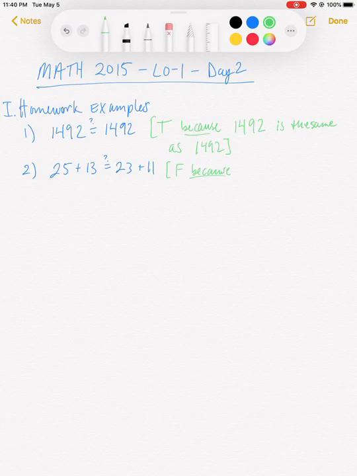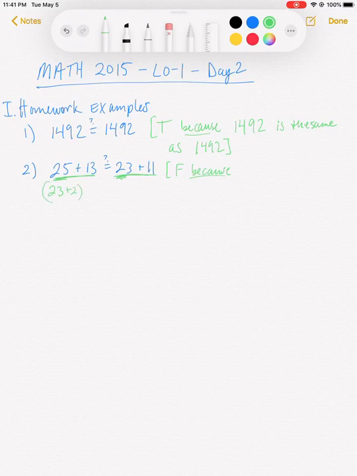Okay. Notice, let's take a look at both sides. When you're doing this analysis with the equations, you have to look at both sides or all sides of the equal sign and make sure that they're all true. How can we compare the numbers? Well, 25 and 23 are about the same. What's their difference? Well, 23 is 2 less than 25, or 25 is 2 more than 23. So we have 23 plus 2 on that side.